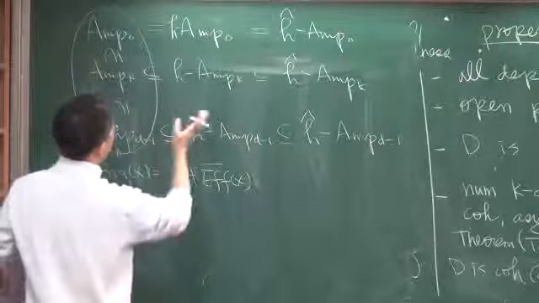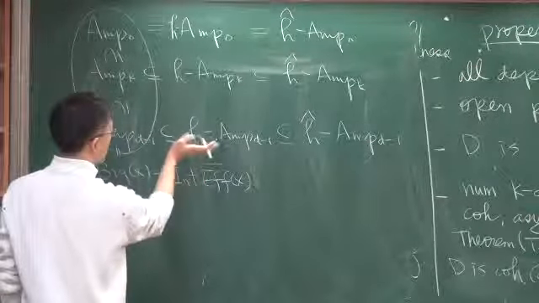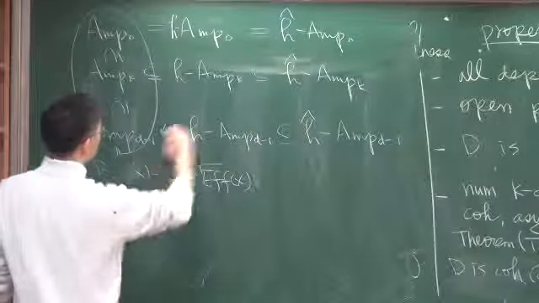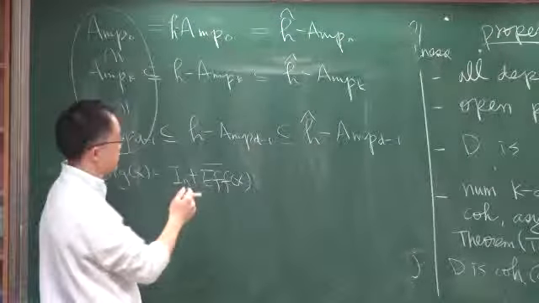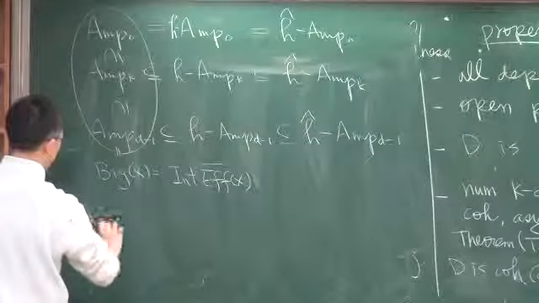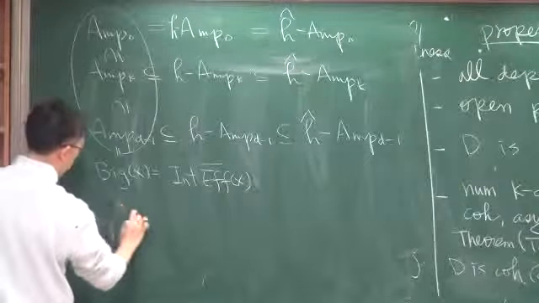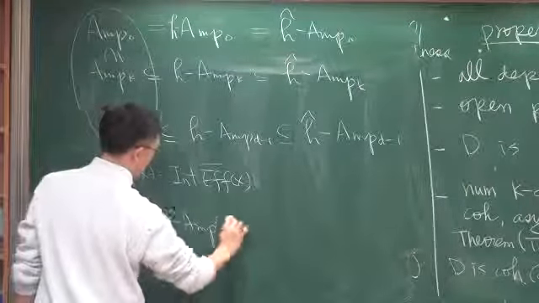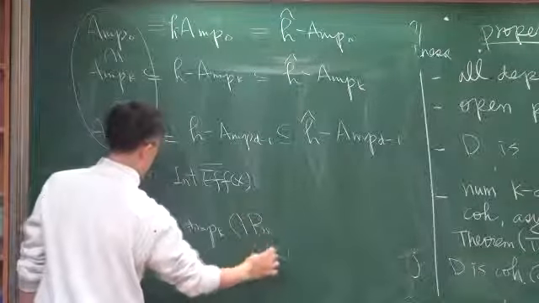So I want to, for some reason, because later I want to run the minimal model program on big divisors, I will restrict everything to the big divisors. So H amp K B means H amp K intersection big. Okay?